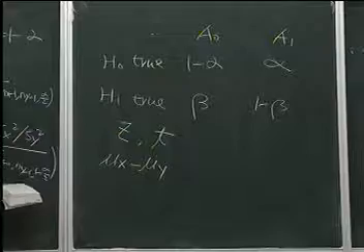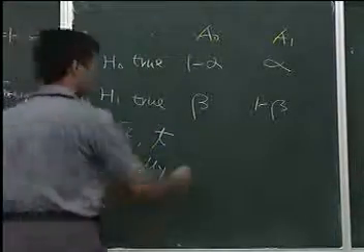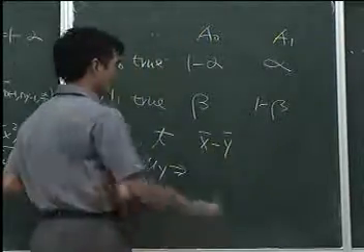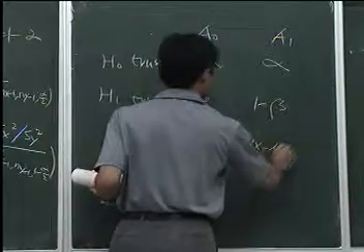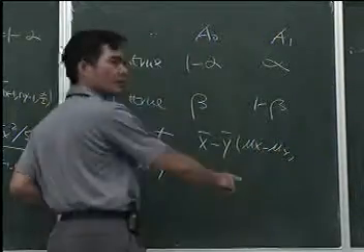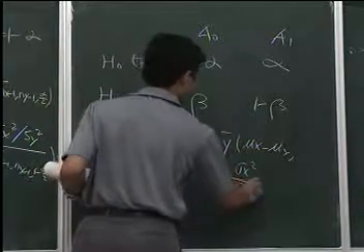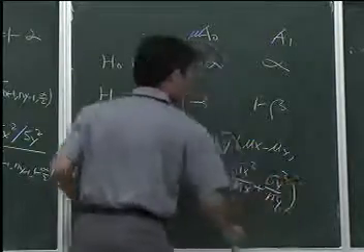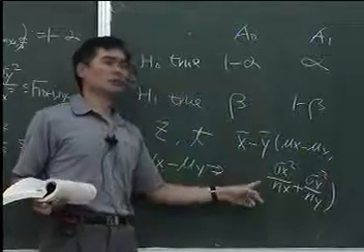In this case, you have to know the distribution of x bar minus y bar, and it is mu x minus mu y, and the variance should be sigma x squared divided by nx plus sigma y squared divided by ny.